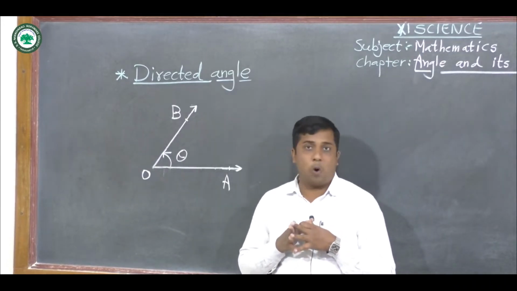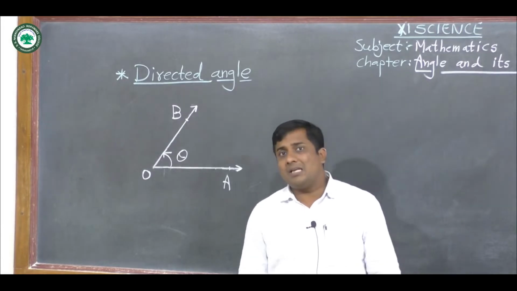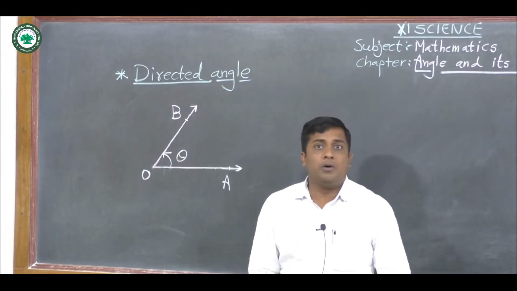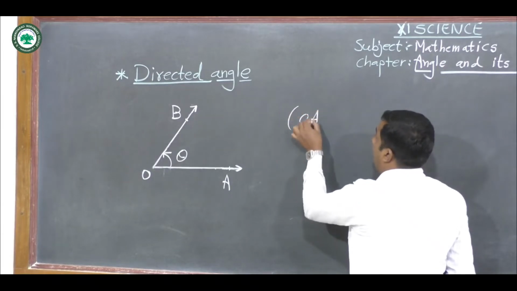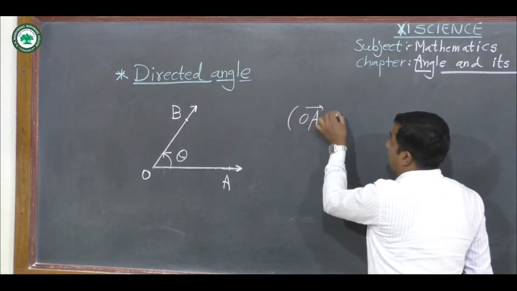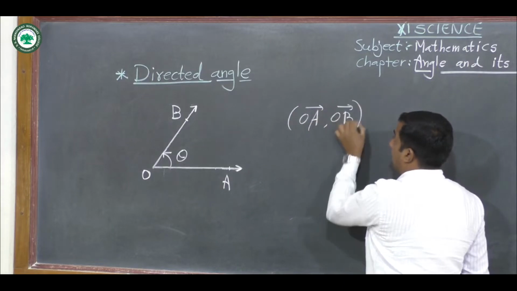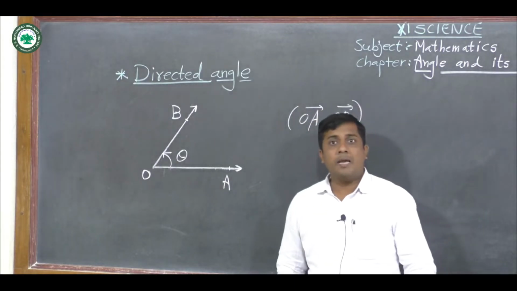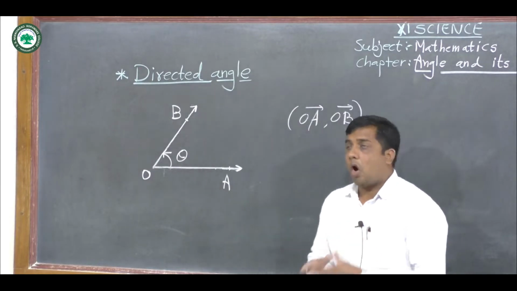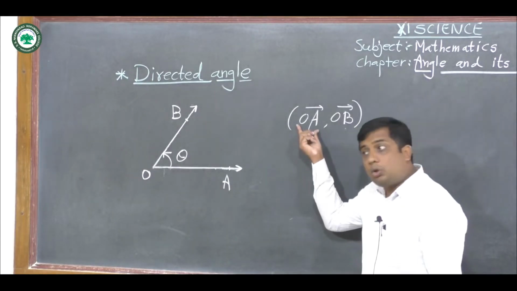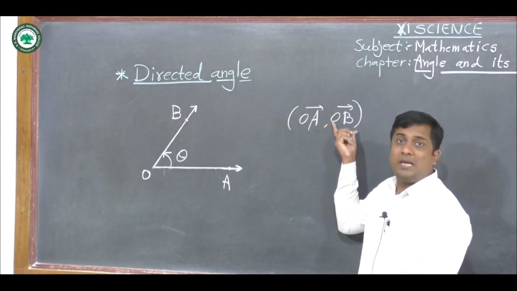So remember this point. Here we consider the ordered pair form of a ray. Let ray OA and ray OB be given in the ordered pair form. We consider the rotation of ray OA to ray OB.